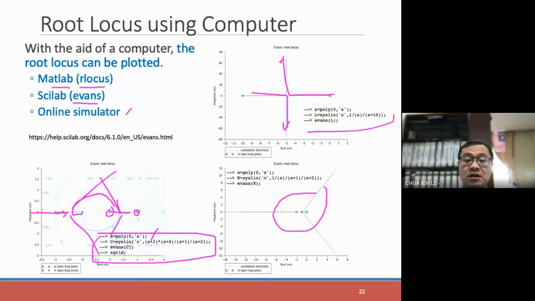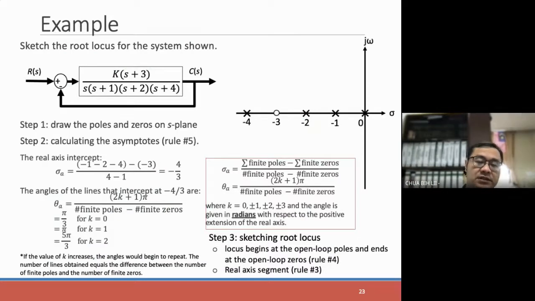So you can try out all the codes over here and play around with changing the values. This would be useful for your assignments later on. Here is an example of how we can quickly sketch the root locus.